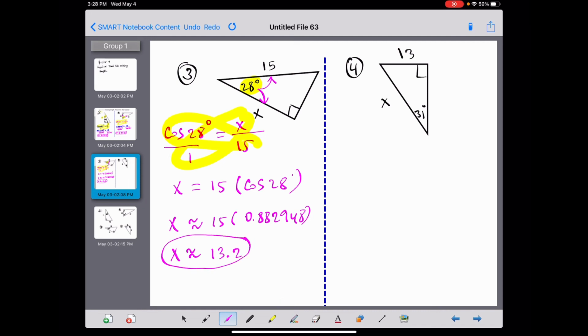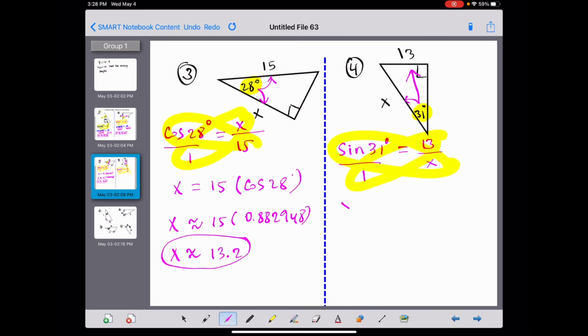Okay, in number 4, they give you 31 degrees, and opposite is 13. Hypotenuse is x, so that means we have to use the sine function. So sine 31 degrees equals opposite, 13, over x. Then we're going to put this over 1, and we're going to cross multiply.